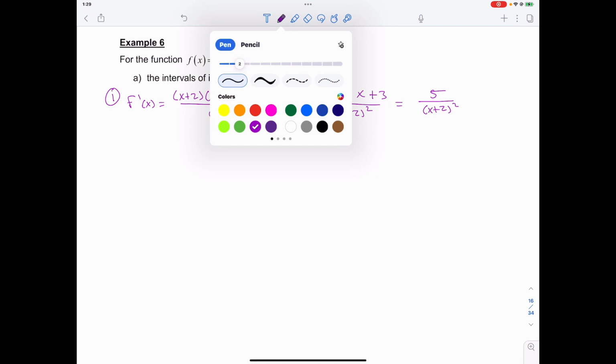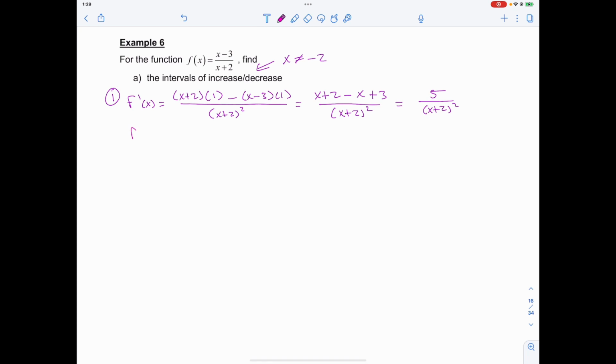Well, I don't have any x values in the numerator, so I'm just going to be doing it for when f prime of x does not exist in the denominator. So 0 is equal to x plus 2 squared, which means that x is going to equal negative 2.